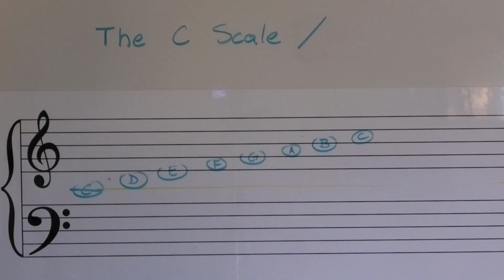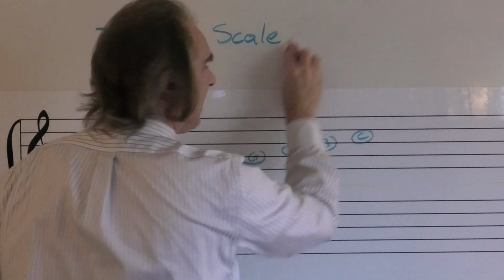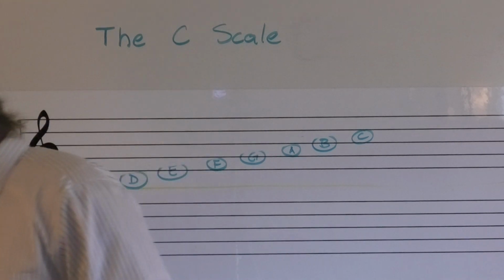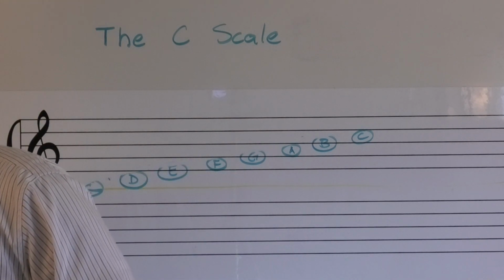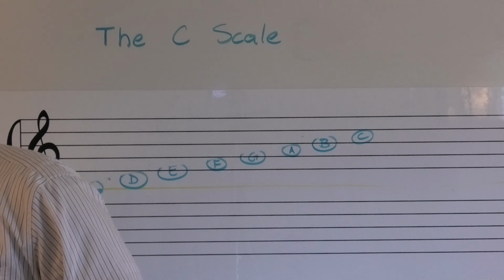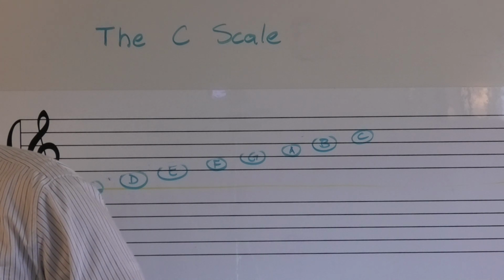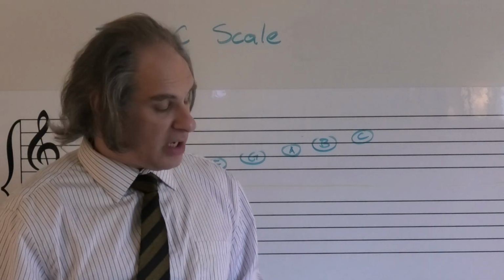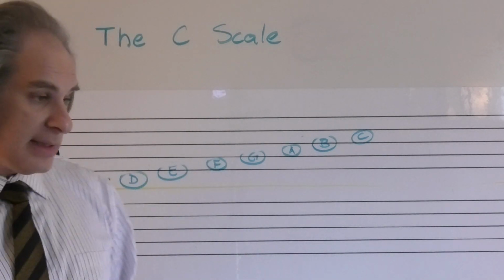Well, before I do that, if a song is in the key of C, it will probably start and end on C, like this. It started on C, and the song ended on C.